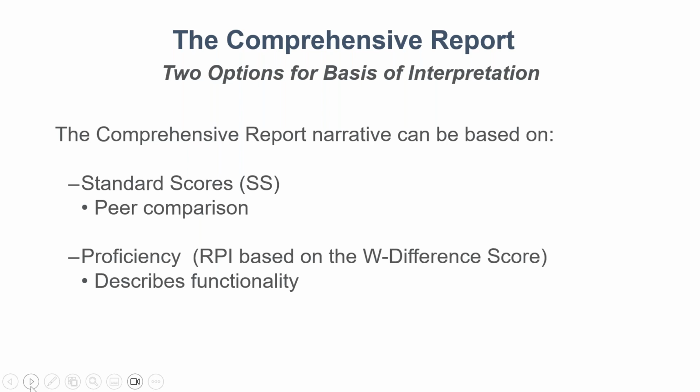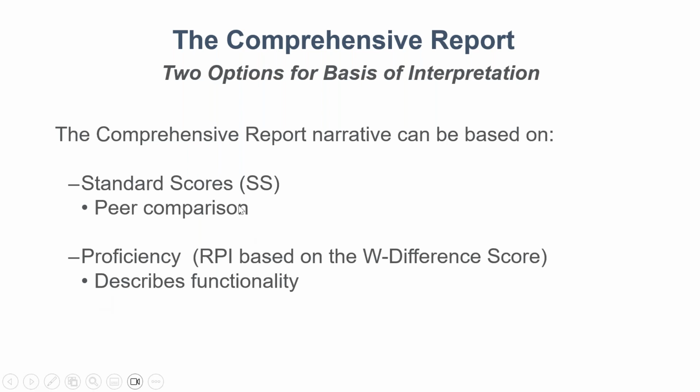That particular option is what's going to describe functionality. How well can the student perform a certain task in relation to their peers. Remember, standard scores only tell us the student's place in line, whereas our RPIs are going to tell us more about what that student's proficiency and functioning is like when asked to perform a certain task. So two very different lenses.